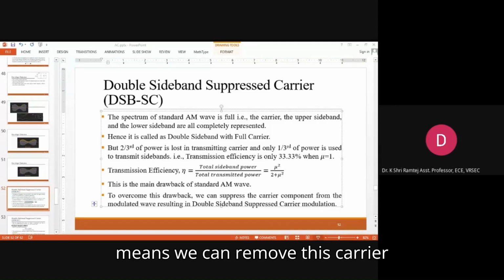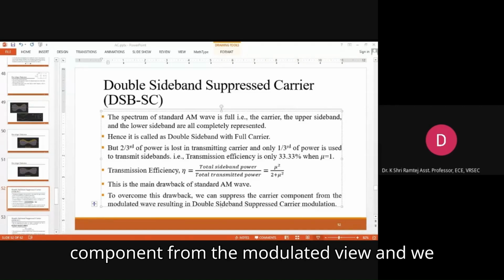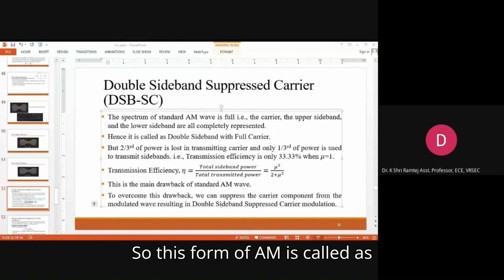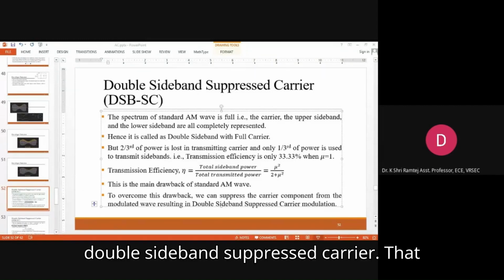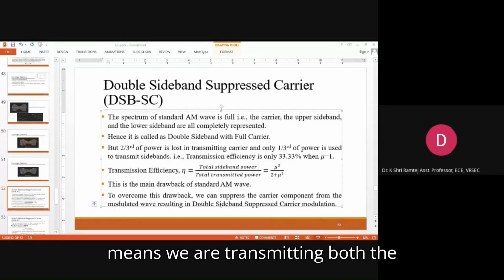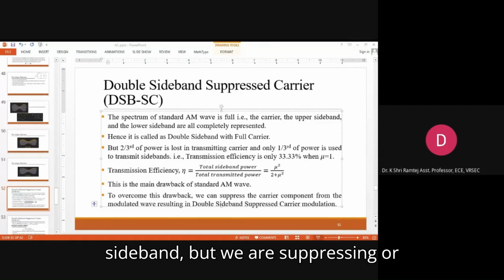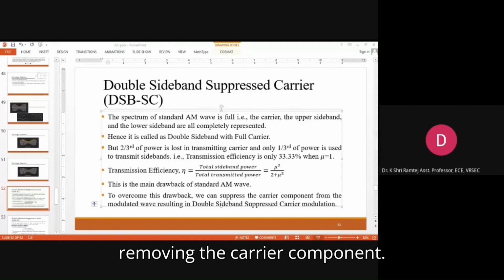That means we can remove the carrier component from the modulated wave, and transmit the AM wave without it. This form of AM is called double sideband suppressed carrier. We are transmitting both the sidebands, lower sideband and upper sideband, but we are suppressing or removing the carrier component.